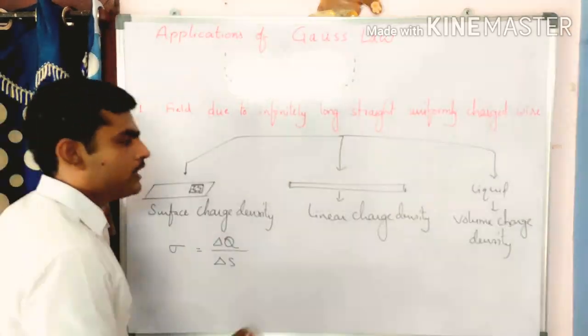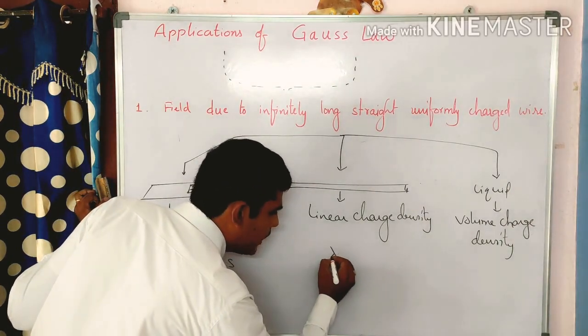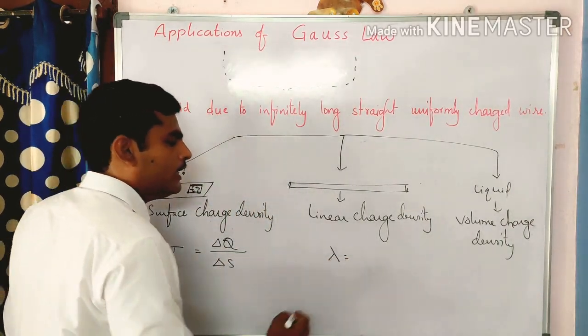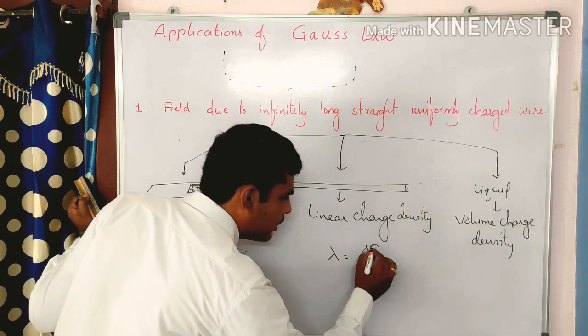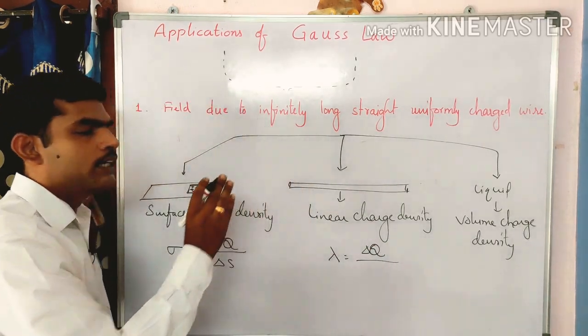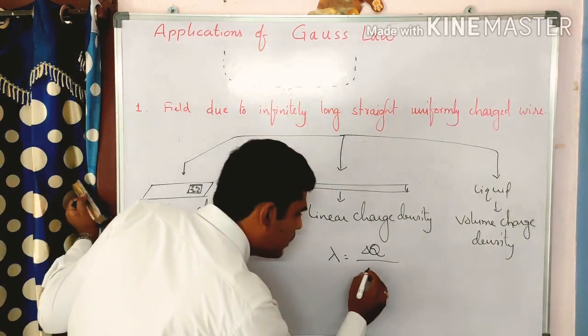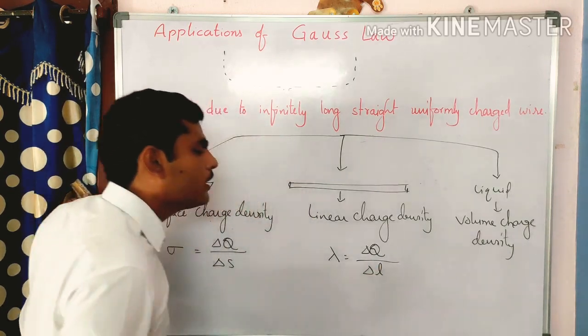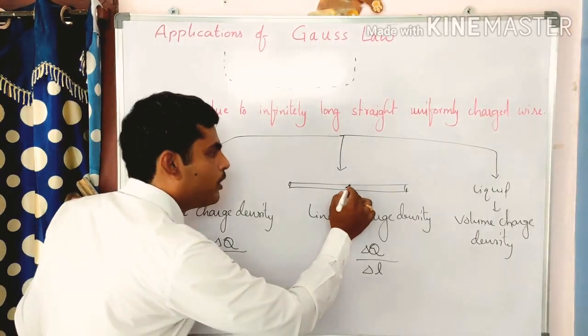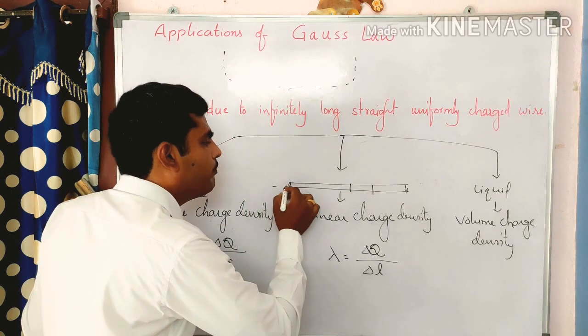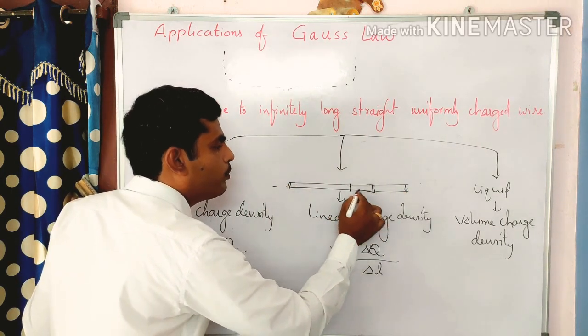Linear charge density is denoted by lambda. It is the amount of charge present in a particular length that you have taken. You take a small portion of the entire, infinite length.